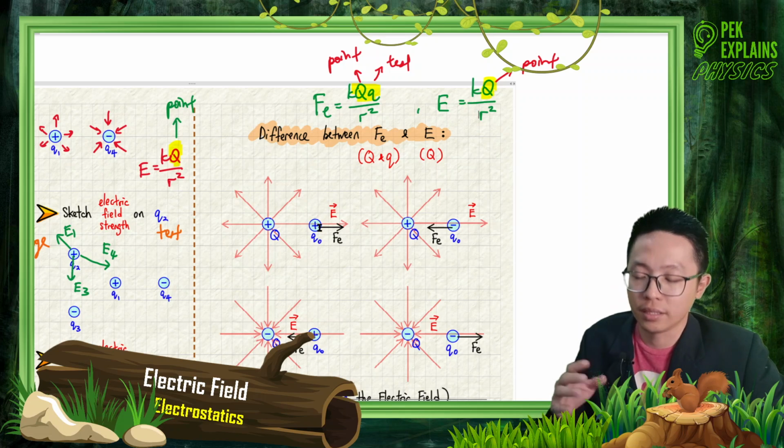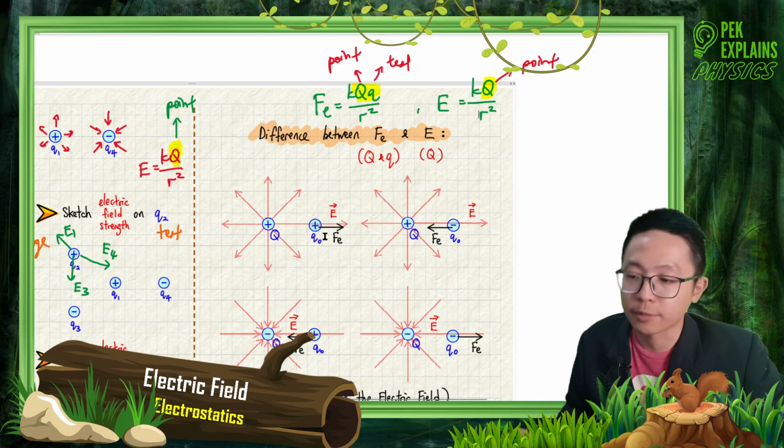The electric field provided by the point charge is away from it because it's a positive point charge. So at the position of the test charge, the electric field is to the right.